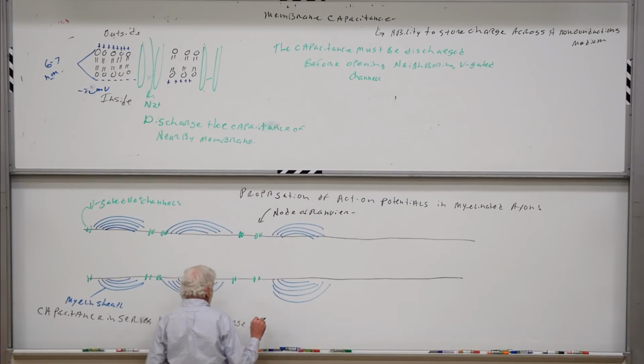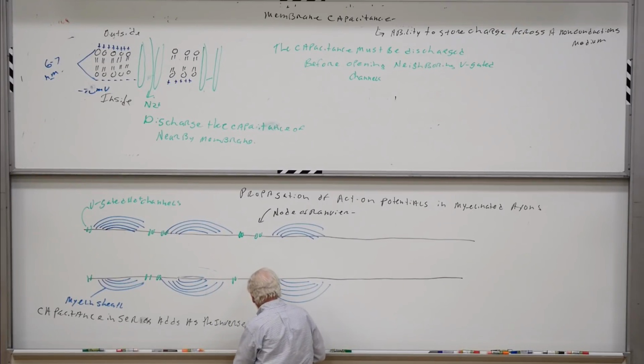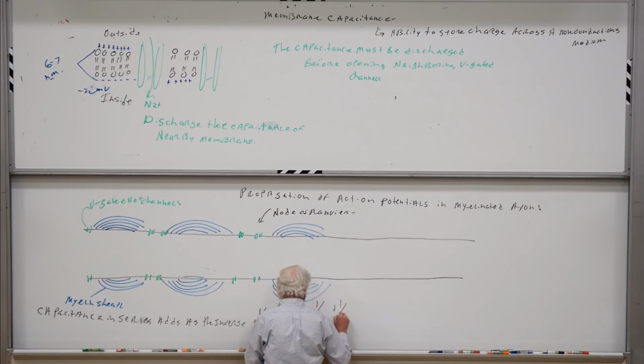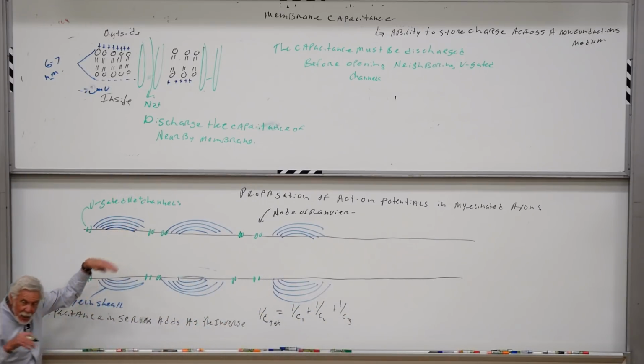The electrical engineers among you will recognize this immediately. It says that 1 over capacitance total, the total capacitance, is equal to 1 over C sub 1 plus 1 over C sub 2 plus 1 over C sub 3. We said that the plasma membrane, each of those plasma membranes is a capacitor.